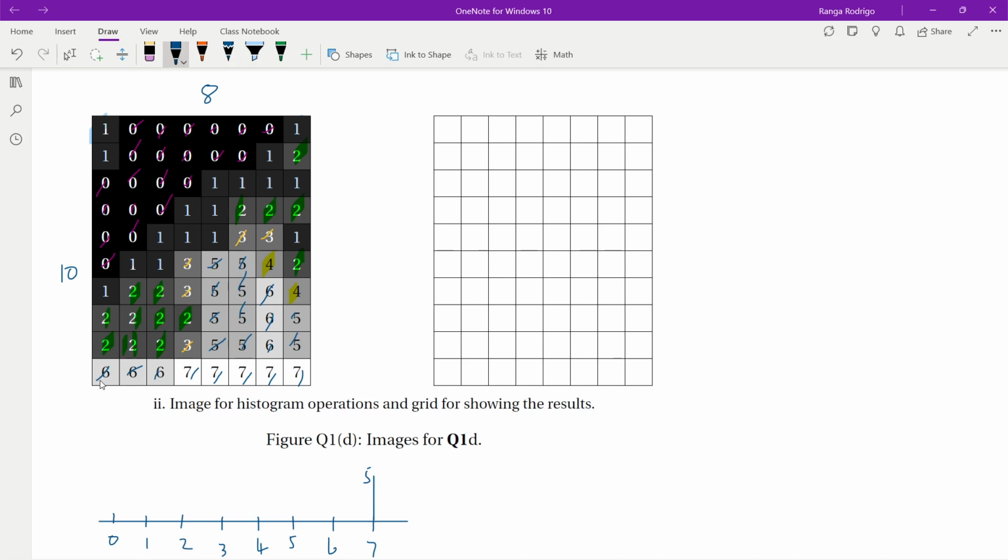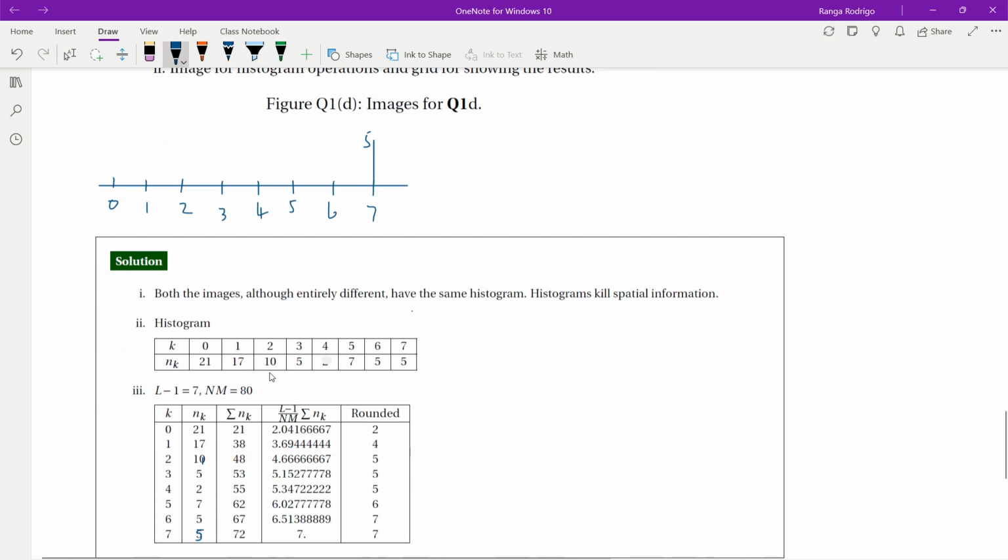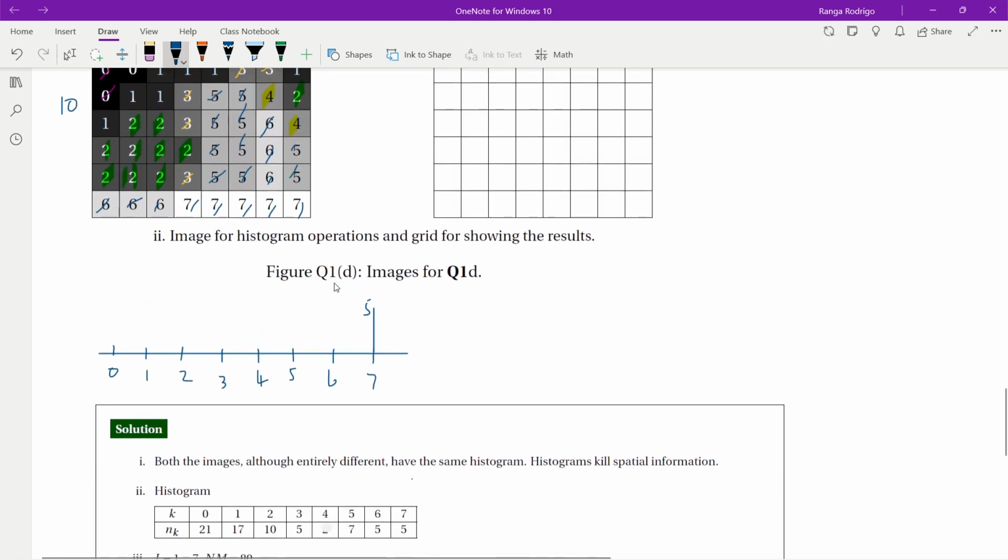With 6, 1, 2, 3, 4, 5, 6. I hope it is correct. So these numbers are wrong.